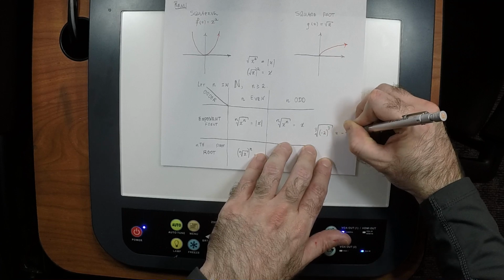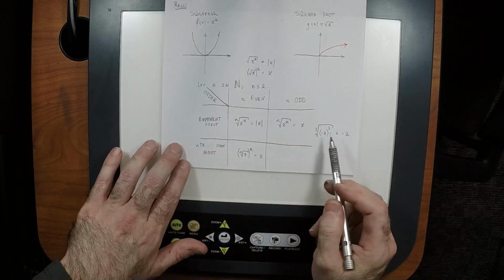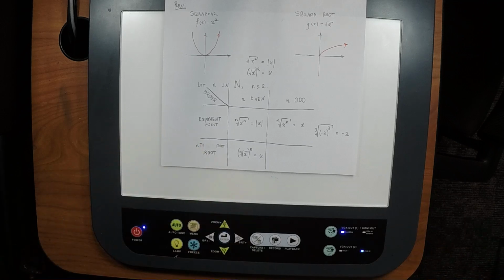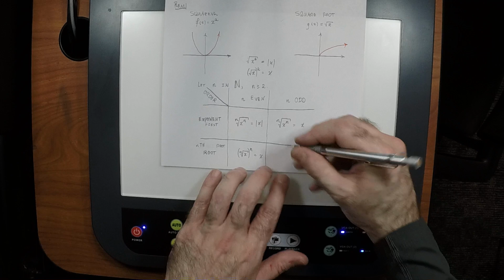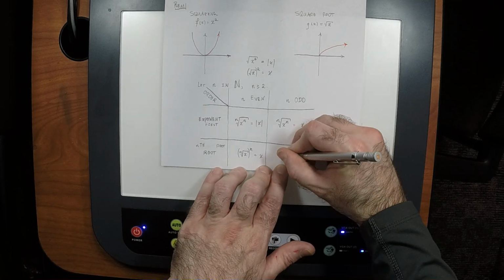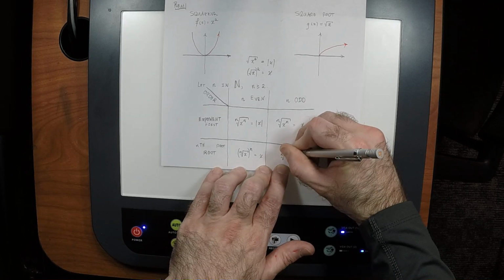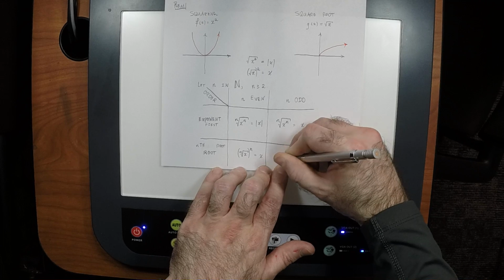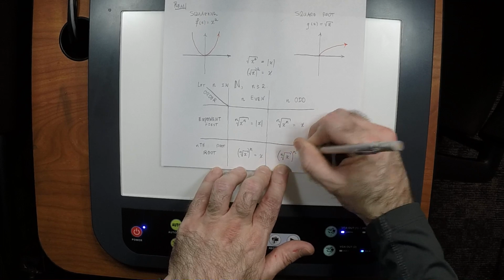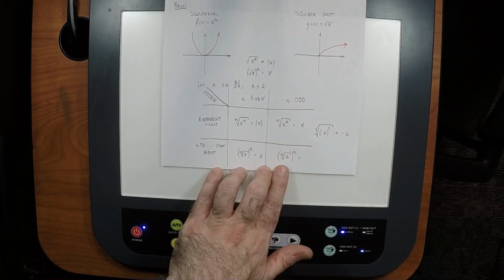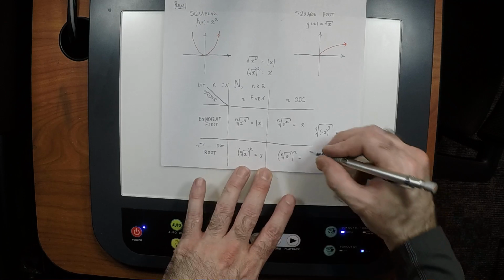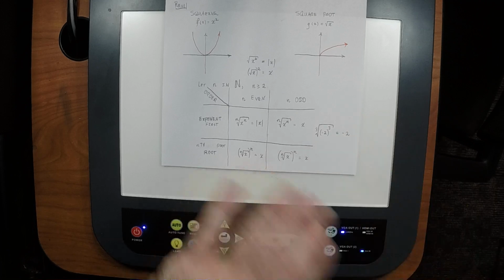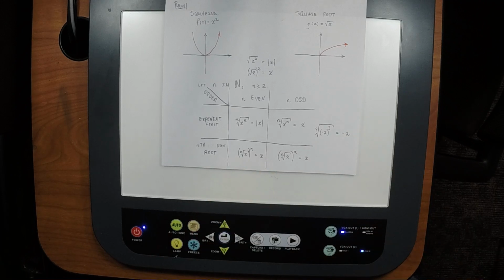Negative 2. So have a look. When you do that with an odd number like 3, then there's no absolute value. Interesting. And what if we have an odd n, and we compute nth root first, and then after that we raise to exponent n? Then what's the answer? Just x.